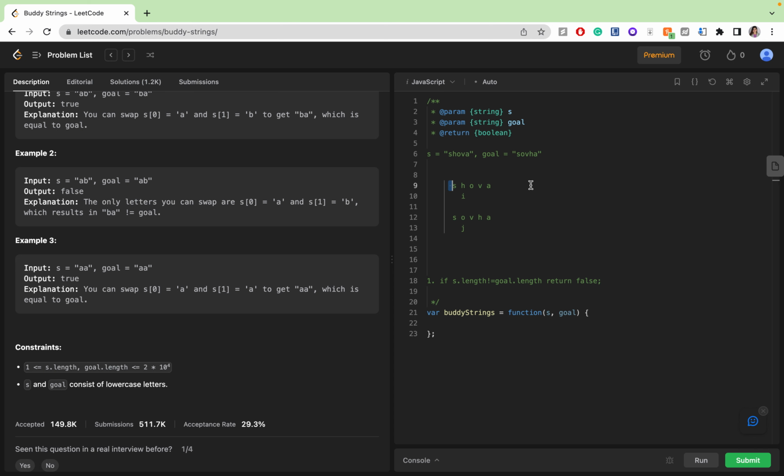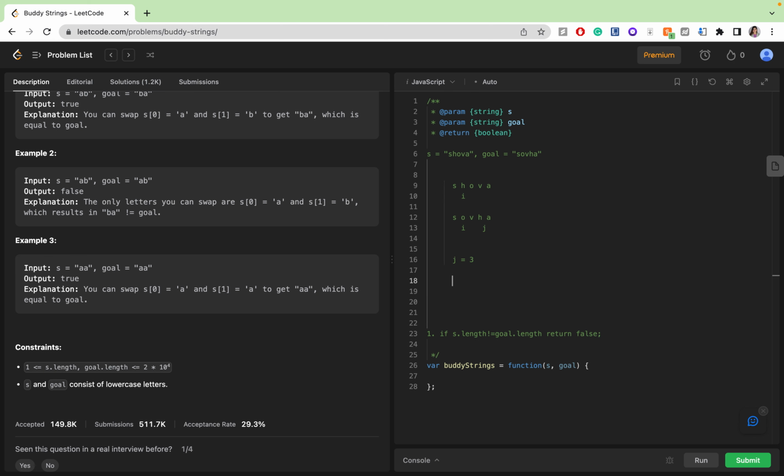Now for these two strings to be equal, on this one swapping, what I need to do is find h here, right? Okay, I found h at position j equal to 3.